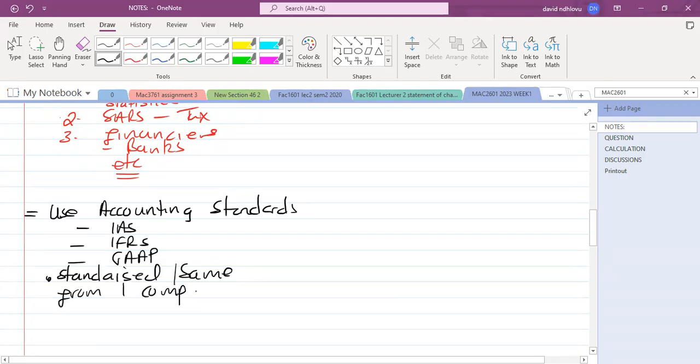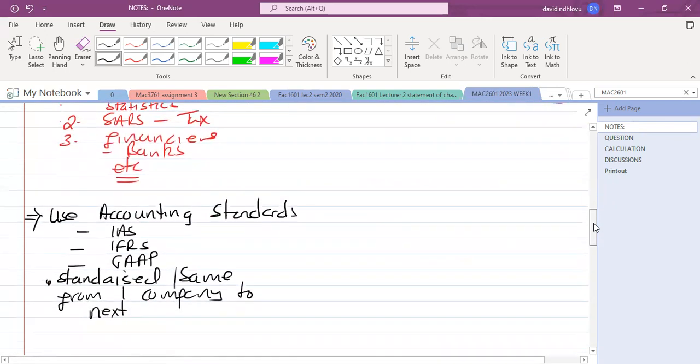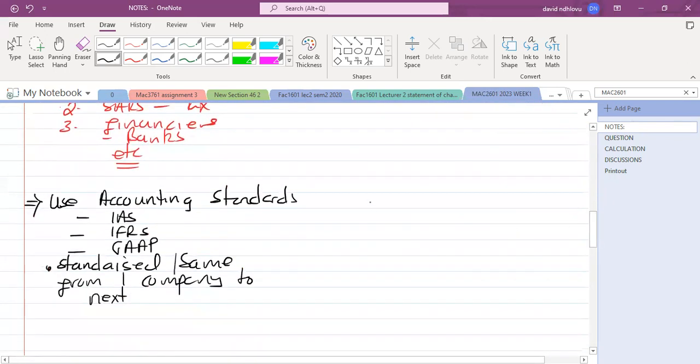This is very simple. These reports are meant for different stakeholders, both internally and externally. If the reports are standardized, it is easy for different users to understand them. Therefore, the format of the report and what you include in the report should be standard from one company to the next.